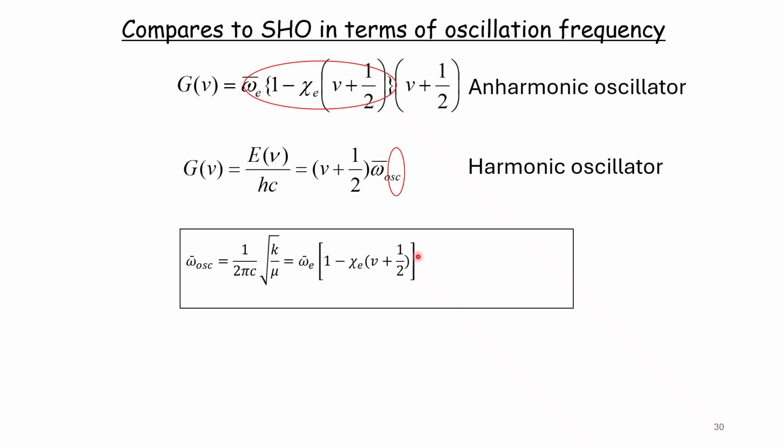In the low energy region, the second term here is small, and the energy levels are almost equally spaced, which is similar to the simple harmonic oscillator. So we can further relate the anharmonicity with the force constant, as well as the vibrational frequency of the molecule.